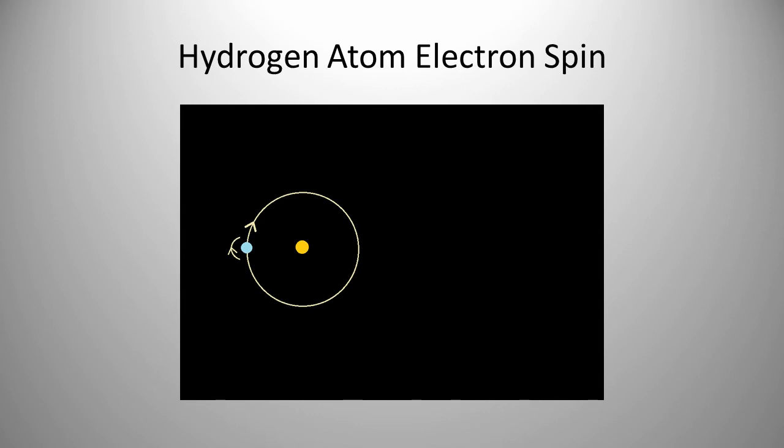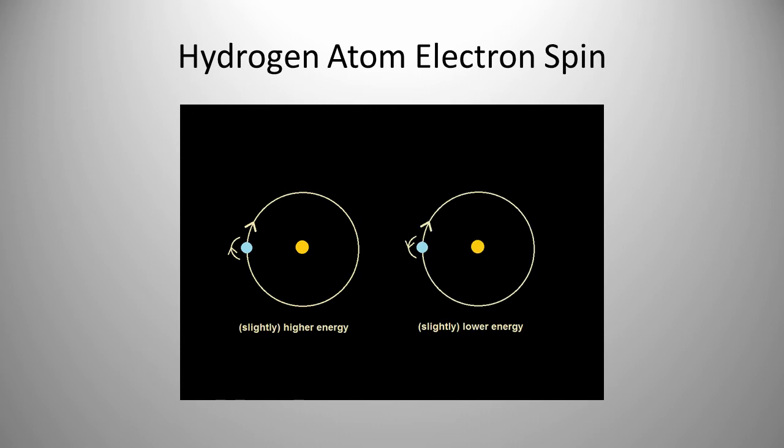Well, it turns out that if you look really carefully, that ground state is actually split in two. It's not two different orbit heights. It's the fact that the electron itself is spinning, like the Earth spinning on its axis as it goes around the sun. And if it's spinning in the same direction as the orbital motion, then that's a slightly higher energy than if it's spinning in the opposite direction.